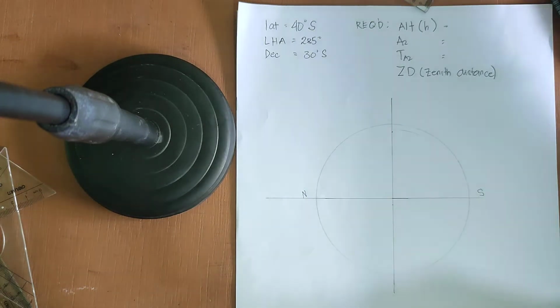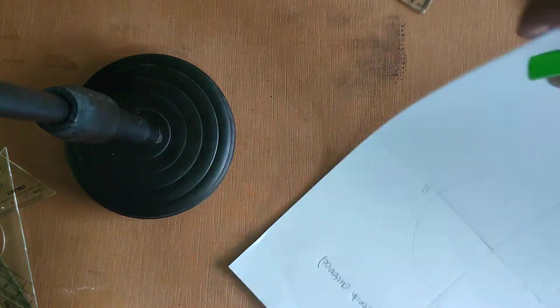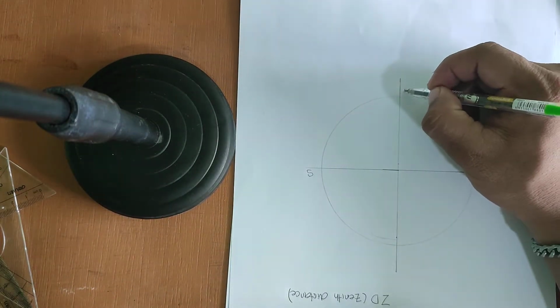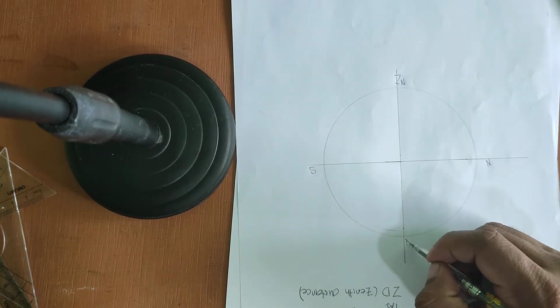Now notice that your latitude now is 40 degrees south. So for the moment, I will reverse this one, so that I can name this one as zenith. And now this will be my nadir.